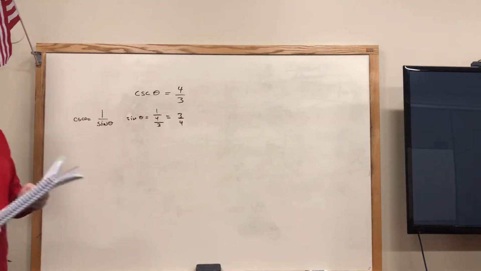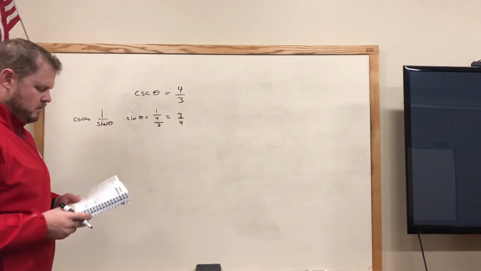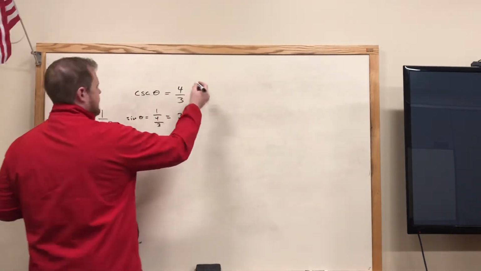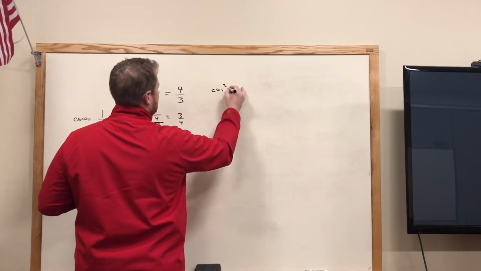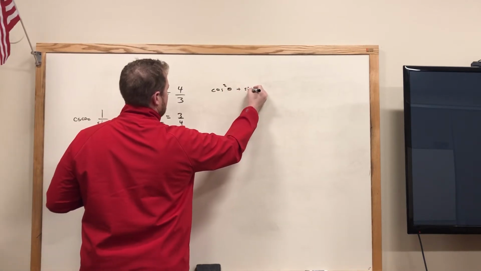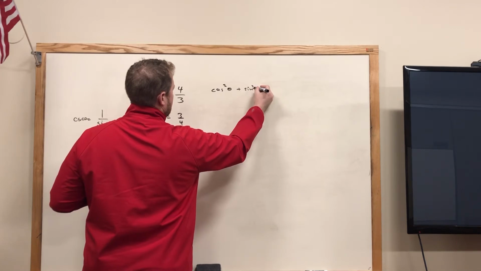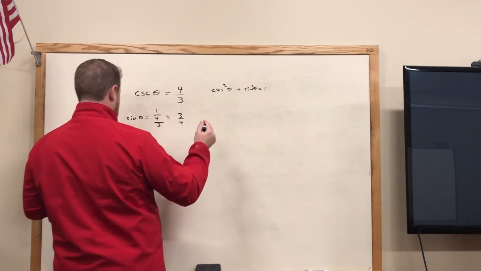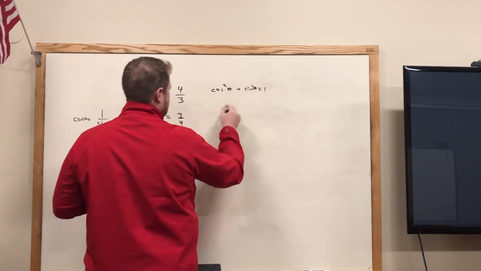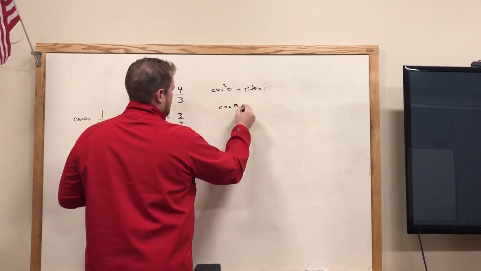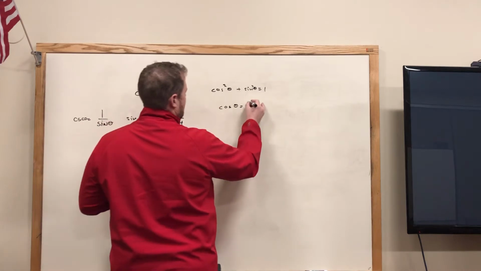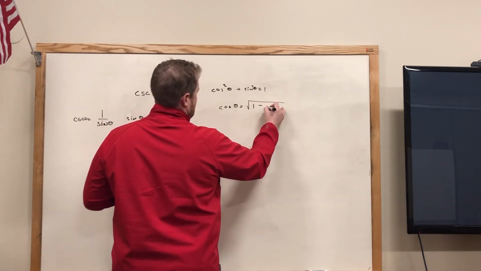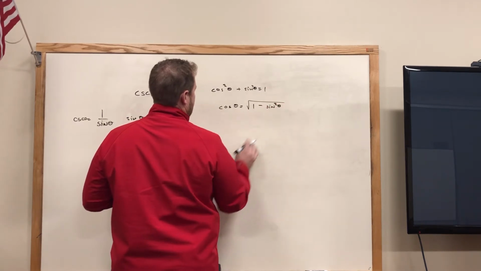Any questions on that? Now, what would I do next? Well, I put it in here: cosine squared theta plus sine squared theta equals 1. So cosine is going to be the square root of 1 minus sine squared theta, right?